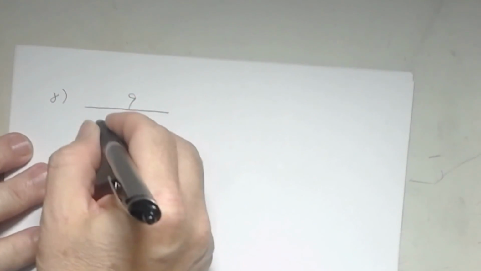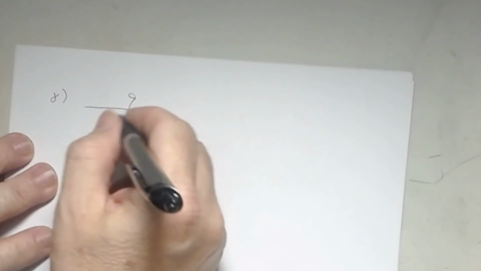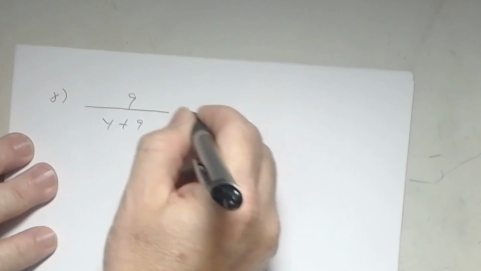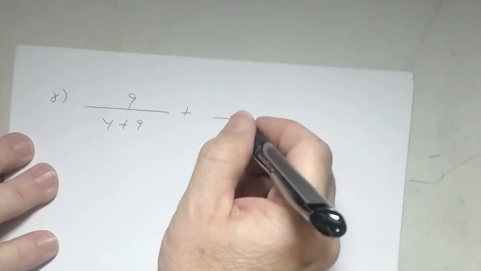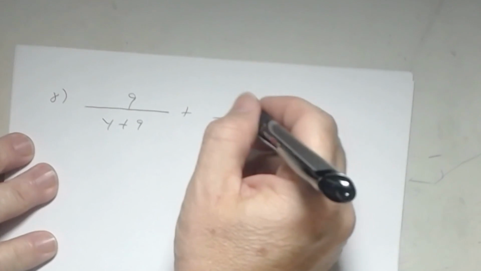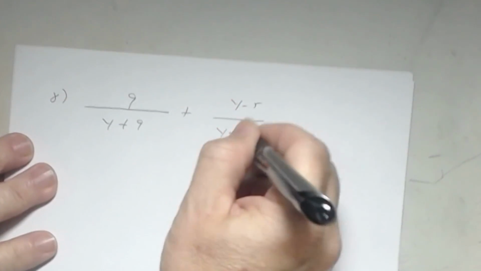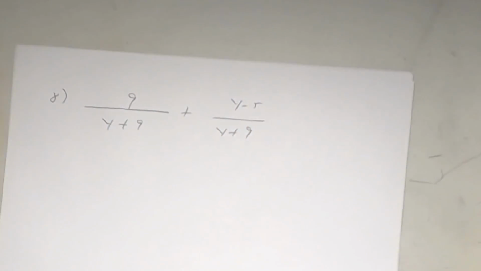You have 9 divided by y plus 9 plus y minus 5 by y plus 9. All right, so the denominators are the same, right?